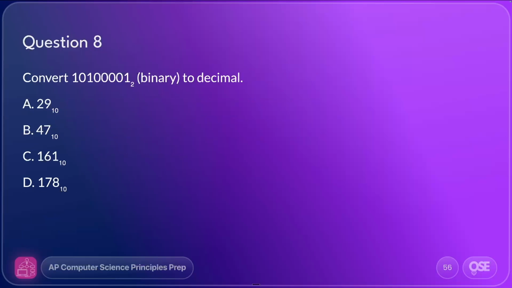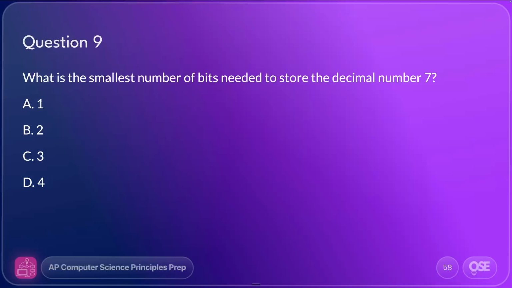Answer is A. Question 8. It's a long number, so take your time, write diligently on the paper. And 3, 2, 1. Answer is C. Question 9. 5, 4, 3, 2, 1. C.